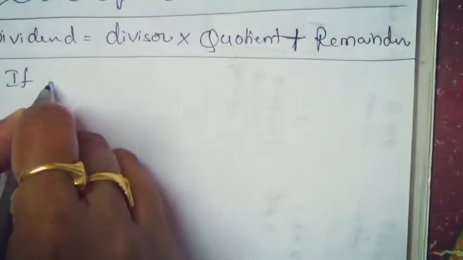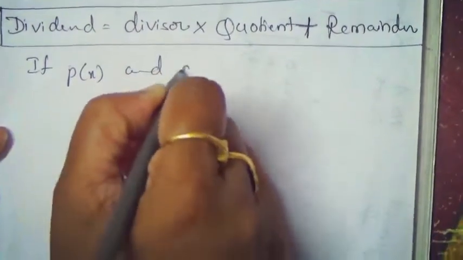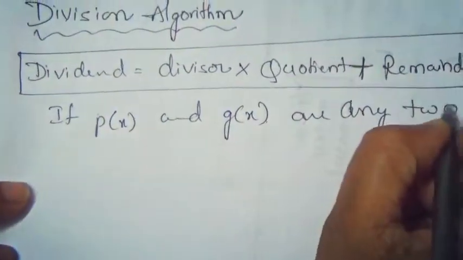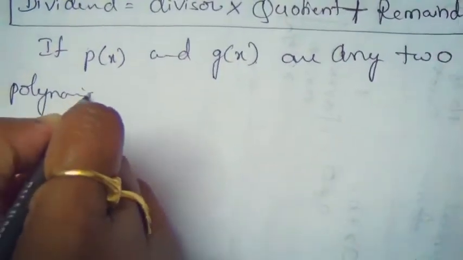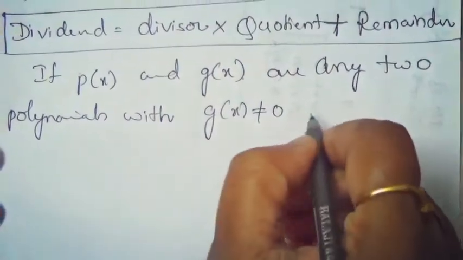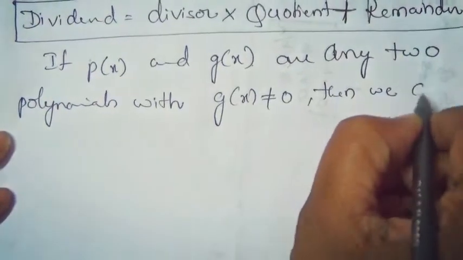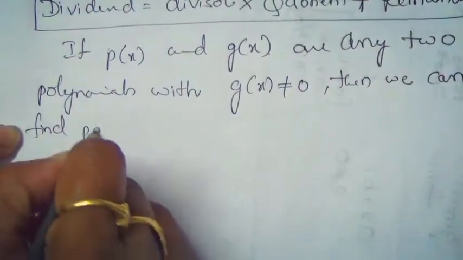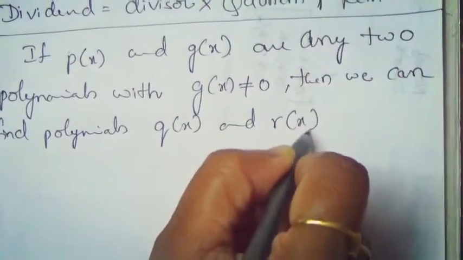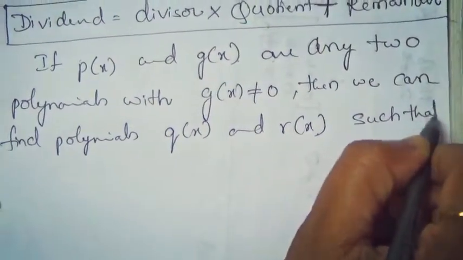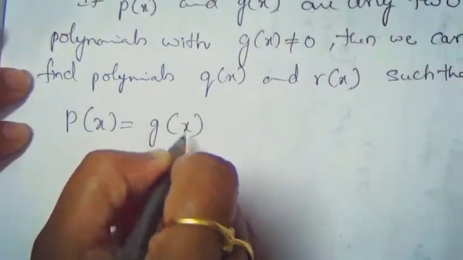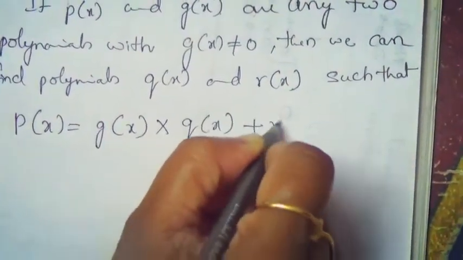Just remind this one: if p of x and g of x are any two polynomials with g of x not equal to 0, then we can find polynomials q of x and r of x such that, by the division algorithm, p of x is equal to g of x into q of x plus r of x.